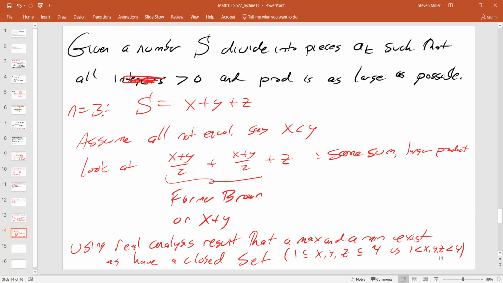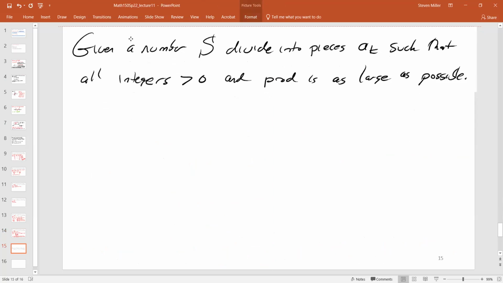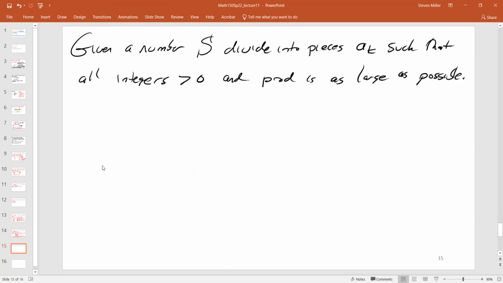Okay. So now, if I give you the general case, so if we have n pieces, the max is a1 equals a2 equals an equals what? So what would each piece equal if we have n pieces? S over n.